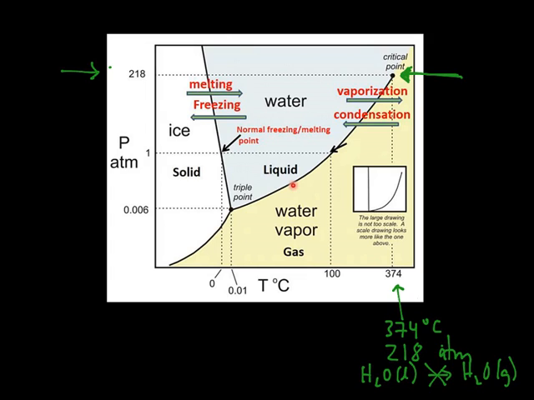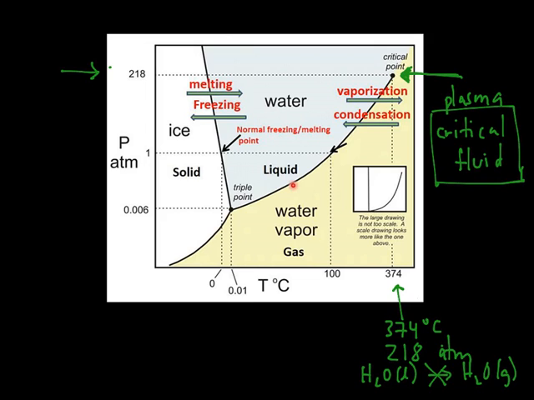They will not coexist, but they'll actually turn into a different type of phase, which sometimes we call plasma, sometimes we call critical fluid. So this is the fourth phase. Obviously we do not observe that on Earth at sea level because of the high temperature and high pressure conditions.